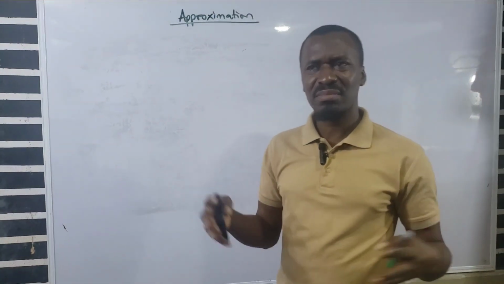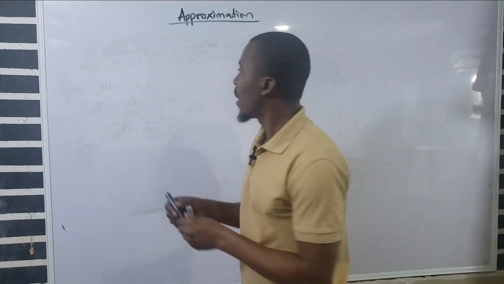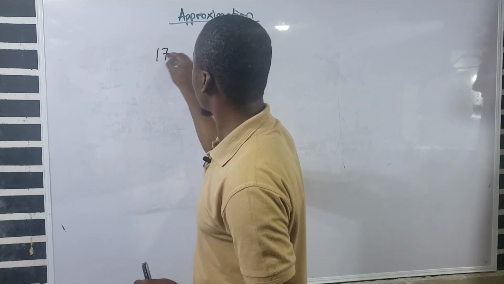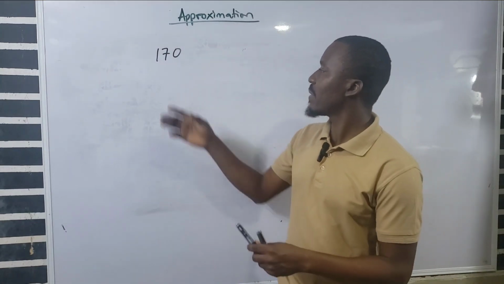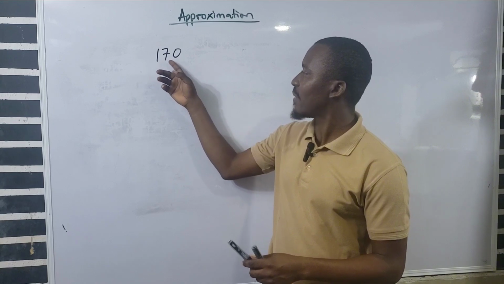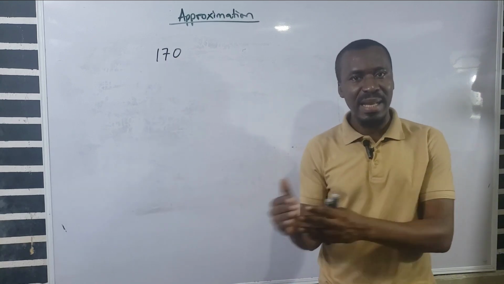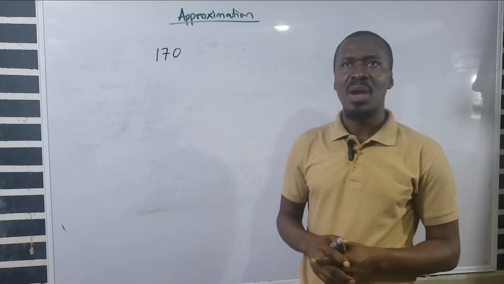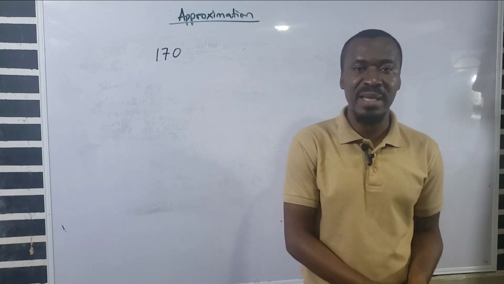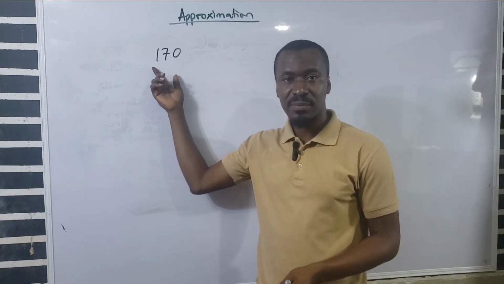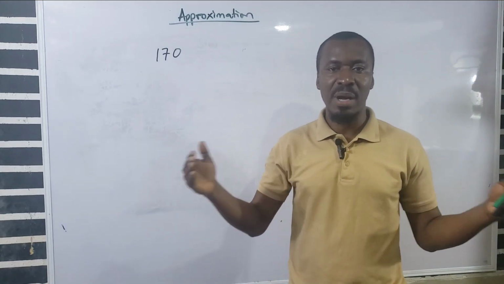So let us create a scenario. If we have approximated a certain number to the nearest tens and the result gives us 170, nearest tens, remember that. What are the numbers that we have approximated to get this result? That's what we mean by boundary.